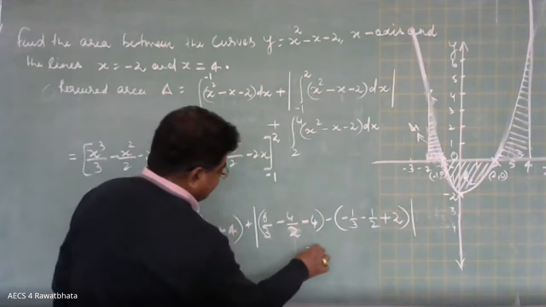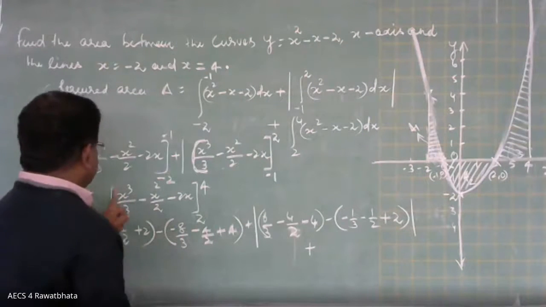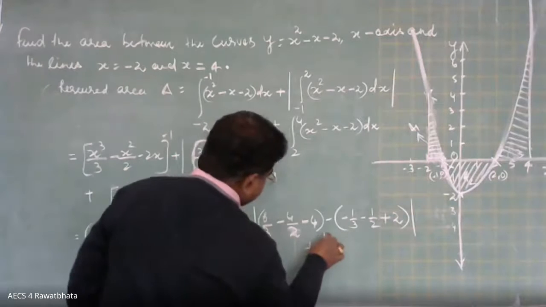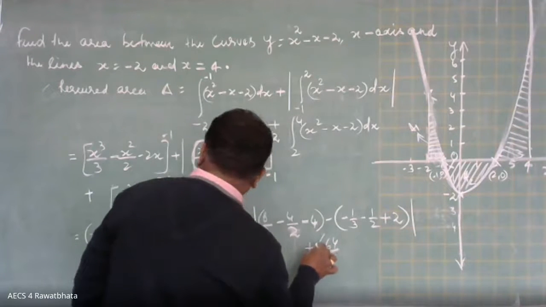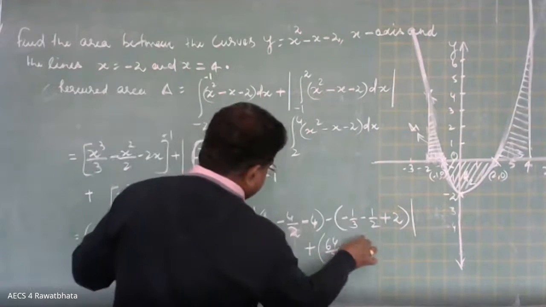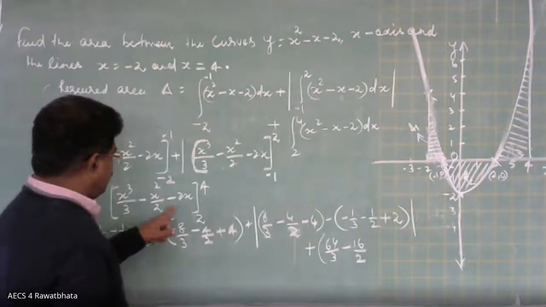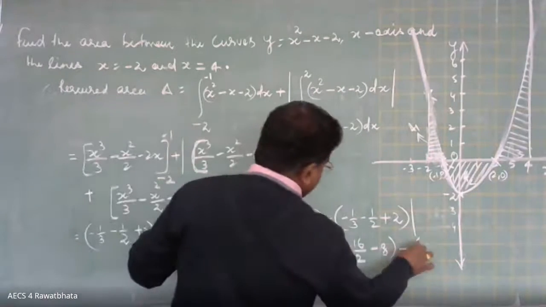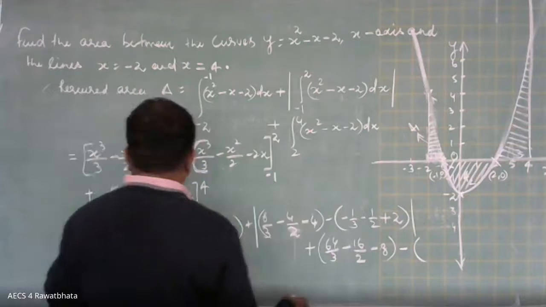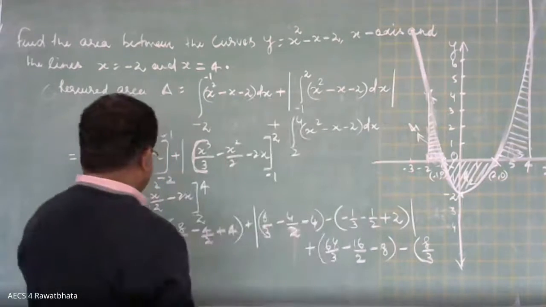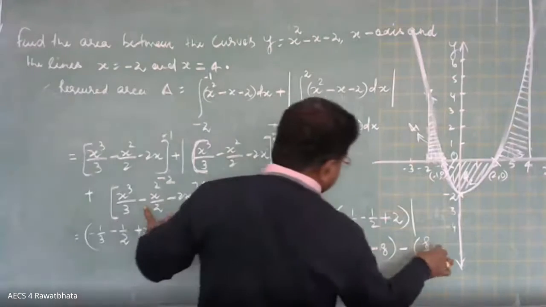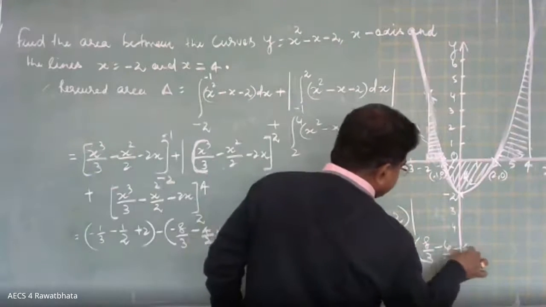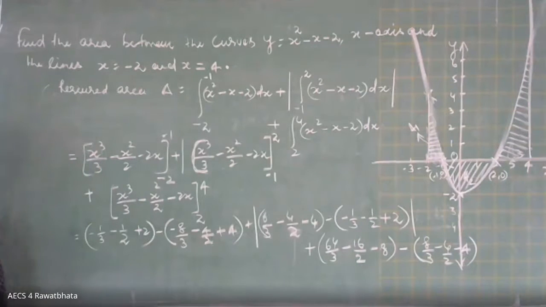Now plus, again upper limit 4: 4 into 4 is 16, 16 into 4 is 64 upon 3, minus 16 upon 2, that is minus 8, and the lower limit is minus of 8 upon 3, minus 4 by 2, minus 4. Okay?